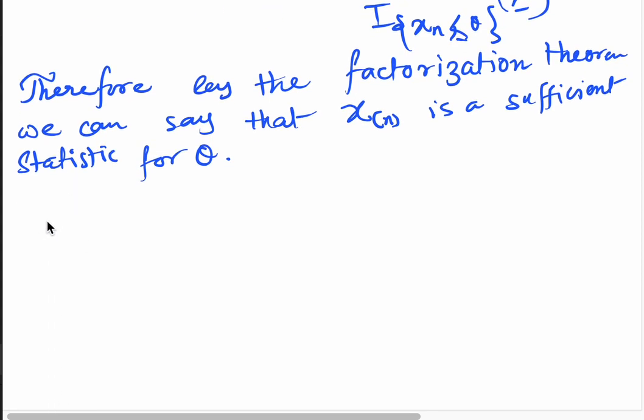So for completeness we have to write its distribution function. So let's first calculate the distribution function. What is the probability that X(n) is less than or equal to x, that means its cumulative distribution function?